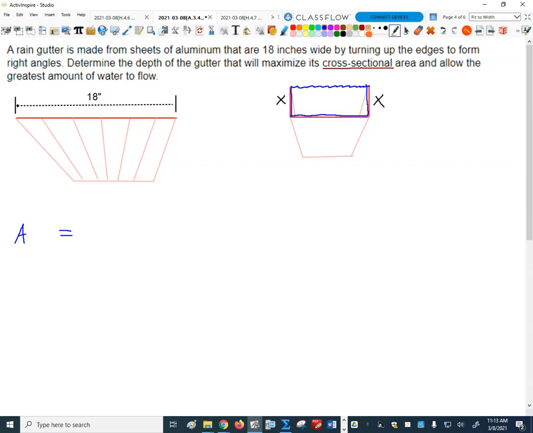The area of the cross section is going to be the depth of the gutter times the width of the gutter. Well, what's the width of the gutter going to be? If we built this thing by bending up the edges of an 18-inch wide piece of aluminum, type in chat for me, how could I write down the width of this gutter then? What's the width of the gutter going to be?